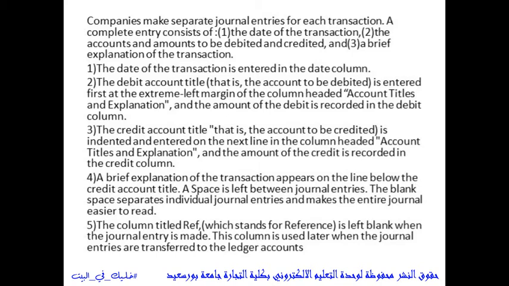Number 1, the date of the transaction is entered in the date column. Number 2, the debit account title, that is the account to be debited, is entered first at the extreme left margin of the column headed Account Titles and Explanation, and the amount of the debit is recorded in the debit column.